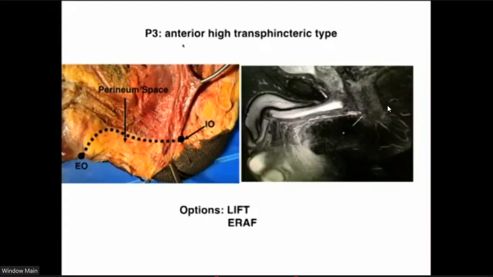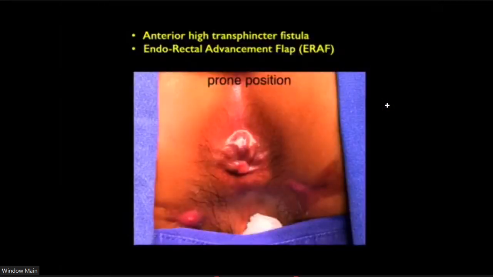For the P3, anterior high transsphincteric fistula, this is subcutaneous. This is superficial, the fistula track passes here. You can see the fistula track. In this case, you can use the LIFT, or you can use the advancement flap. This is the track here.